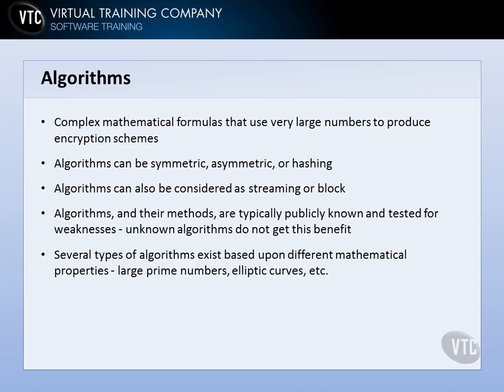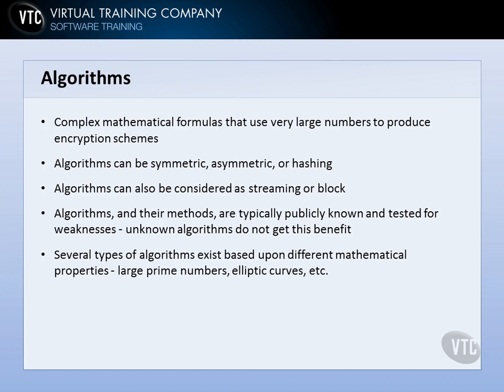Now, unknown algorithms, such as some of those that may be used by the government, for example, Skipjack comes to mind, which was an early algorithm several years ago that was tested, but it was kept secret for a long time, and it's not really generally known very well, so it may have had weaknesses that could not be tested publicly. Several different types of algorithms exist based upon different mathematical properties, equations, or theories.